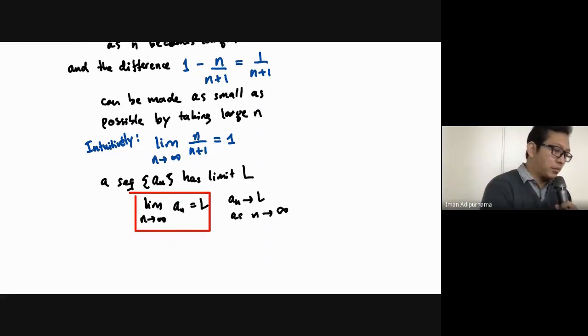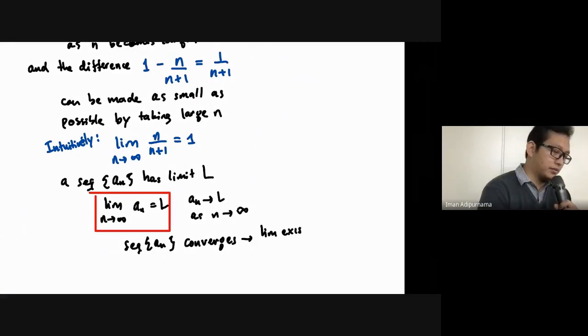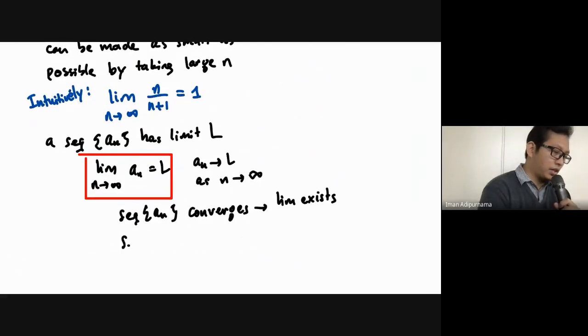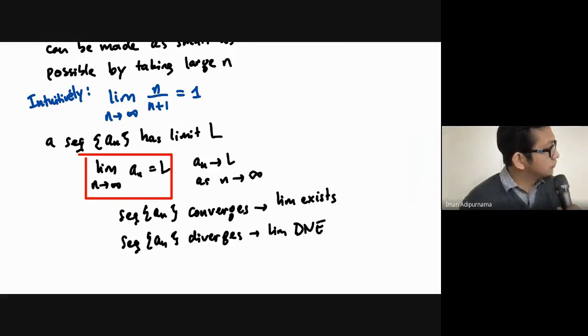And remember also, because of these definitions, the sequence a_n converges if the limit exists, and the sequence a_n diverges if the limit doesn't exist.